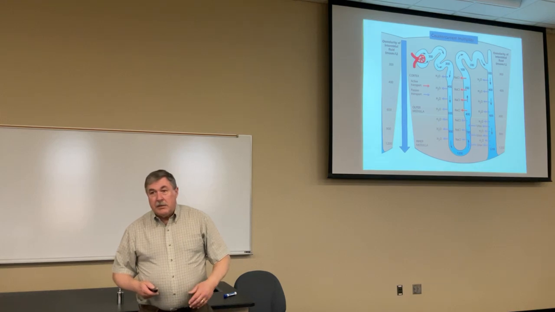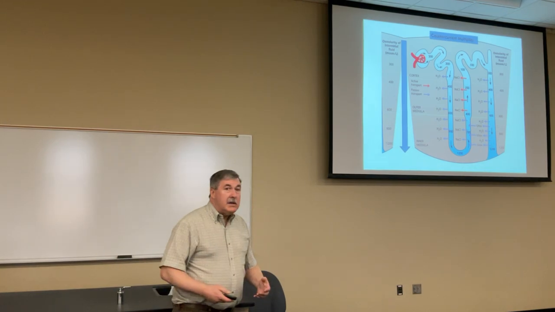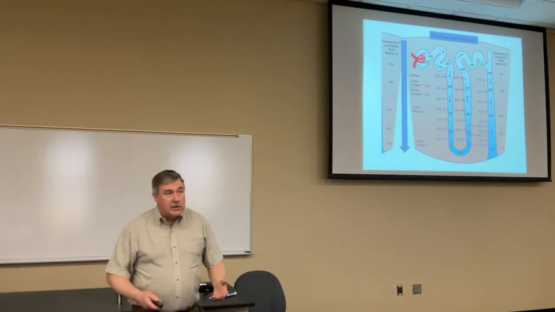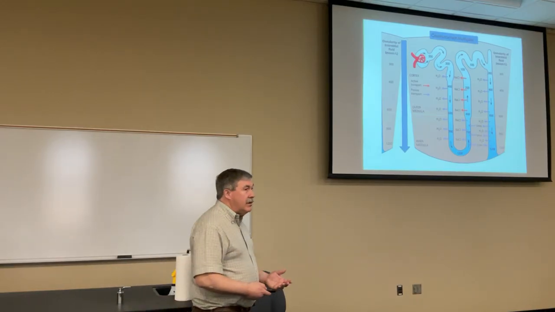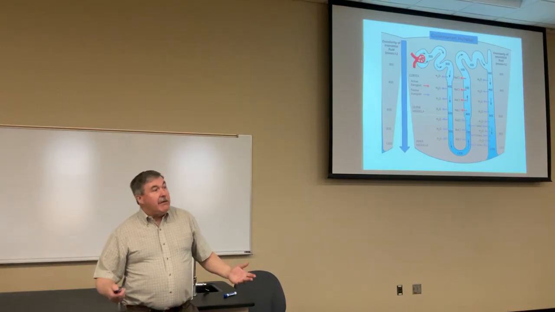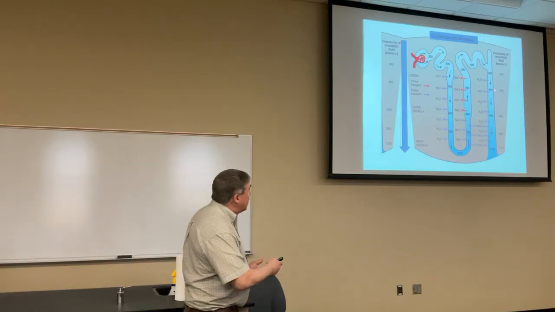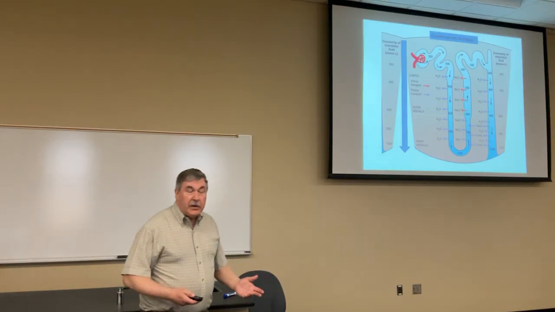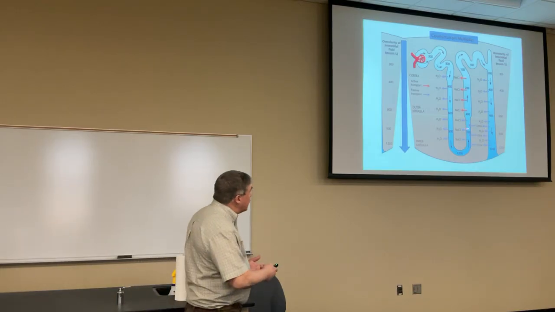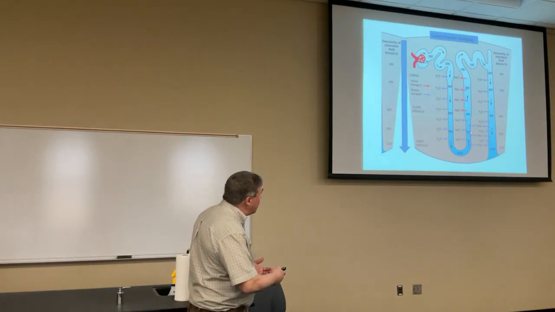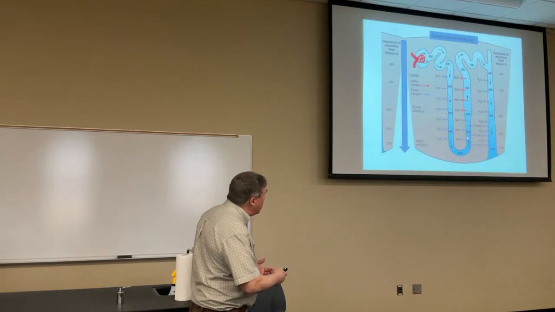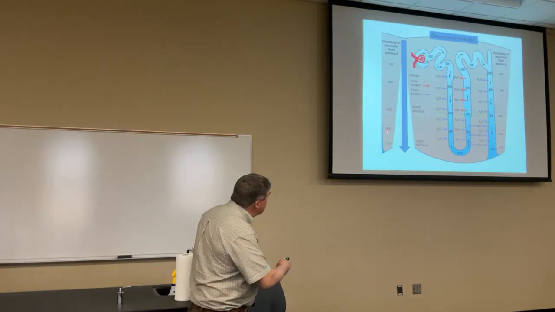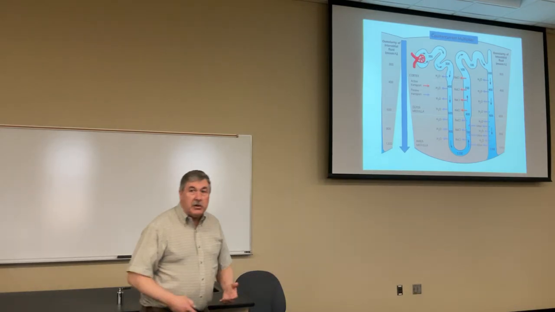Now, to me, that probably sounds surprising because urea is a waste. It's a waste product. That's why we have kidneys, to get rid of that urea. But half of it gets reabsorbed. And the reason that it gets reabsorbed is the additional urea that gets reabsorbed contributes to this concentration gradient in the medulla of the kidney.